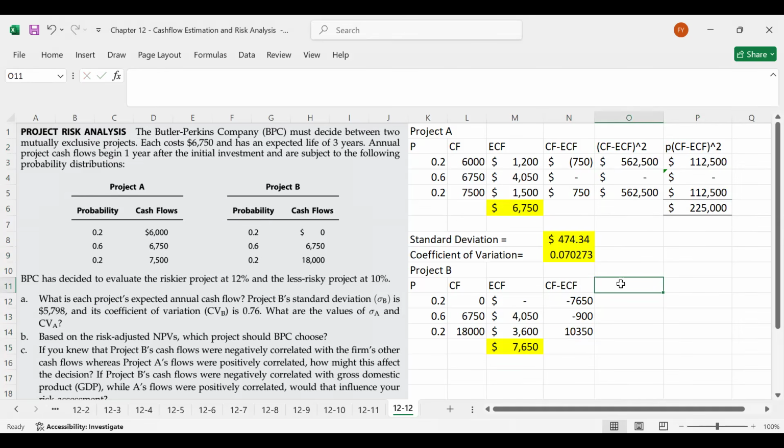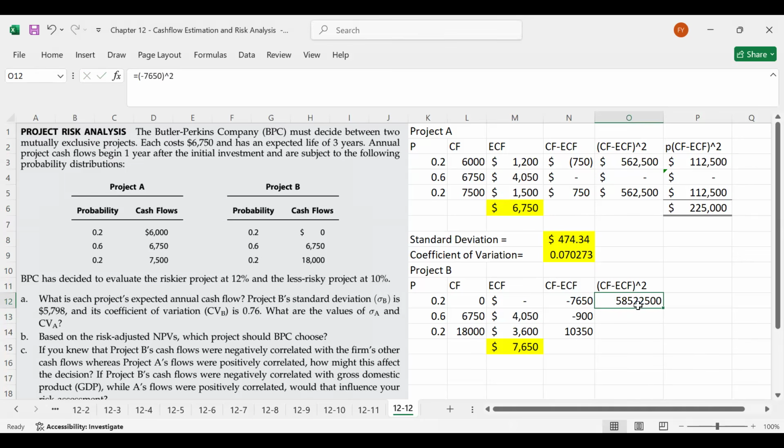So the next step is cash flow minus expected cash flows, and then we take the square of it. So the expected cash flows are here; cash flows minus expected cash flows, which are minus 7650, and then we take the square of it.